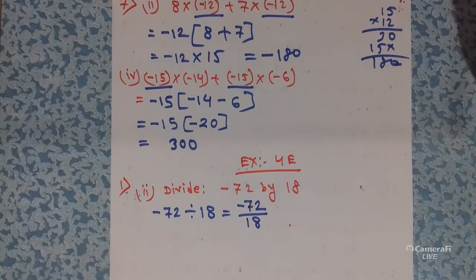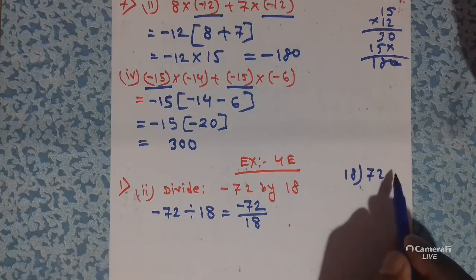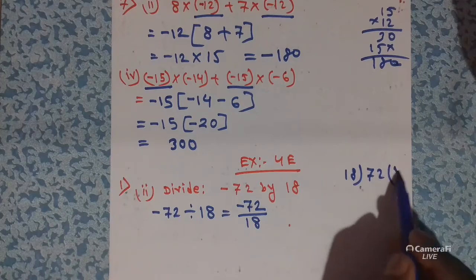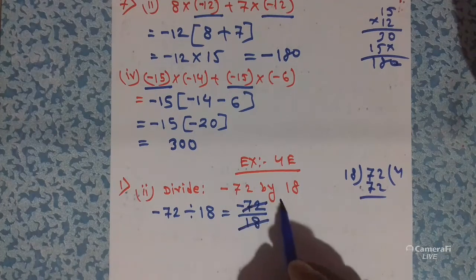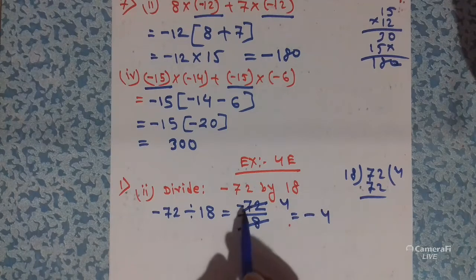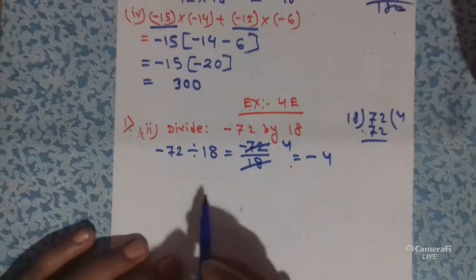Now we can divide both the numbers by a common number. If you want you can divide 72 by 18, so it will be 4. You can solve it directly. Okay, so it will be minus 4, because the numerator is negative and denominator is positive, so positive multiplied by negative is always negative.